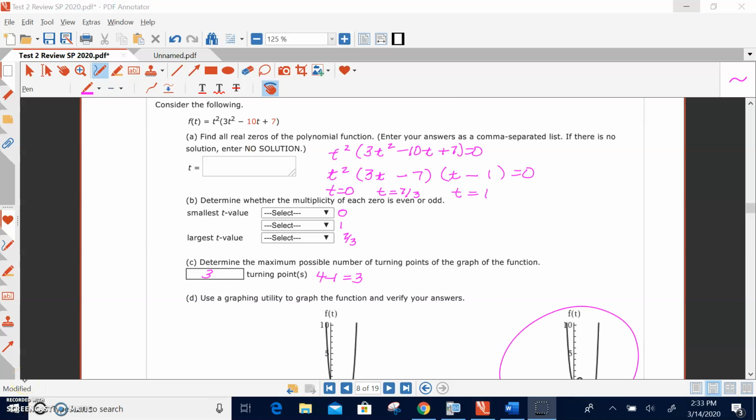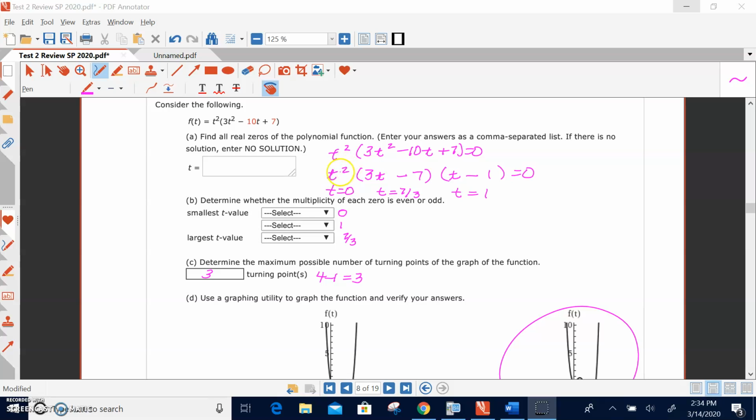Okay, so in looking at this problem, I'm going to do some factoring of the 3t squared minus 10t plus 7. When I factor them, I get 3t minus 7 times t minus 1. When I set those to 0, I get t equal to 7/3 from this factor. I get t equal to 1 from this factor. And notice that in front there was a t squared.